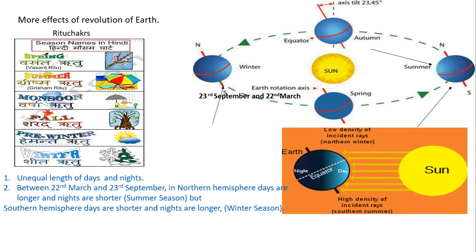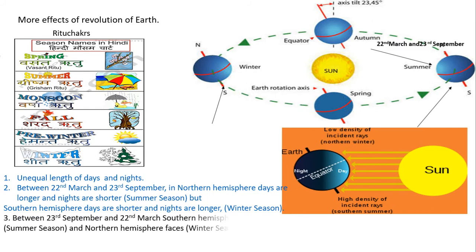While the opposite happens during 23rd September and 22nd March, the southern hemisphere faces summer season while the northern hemisphere faces the winter season.